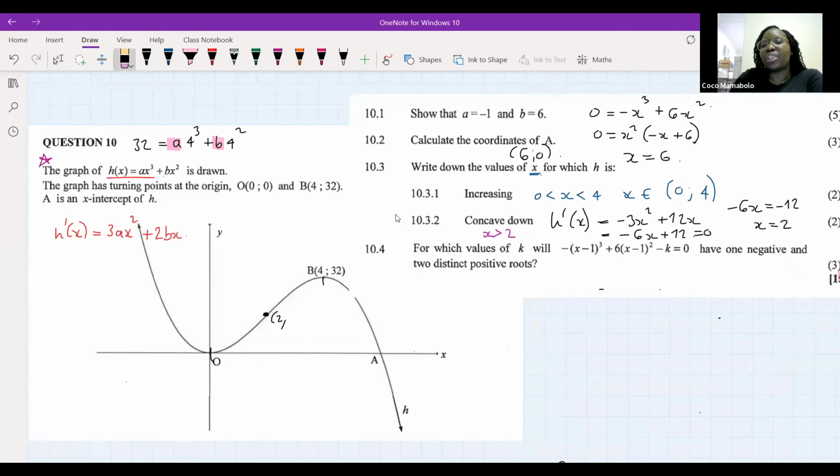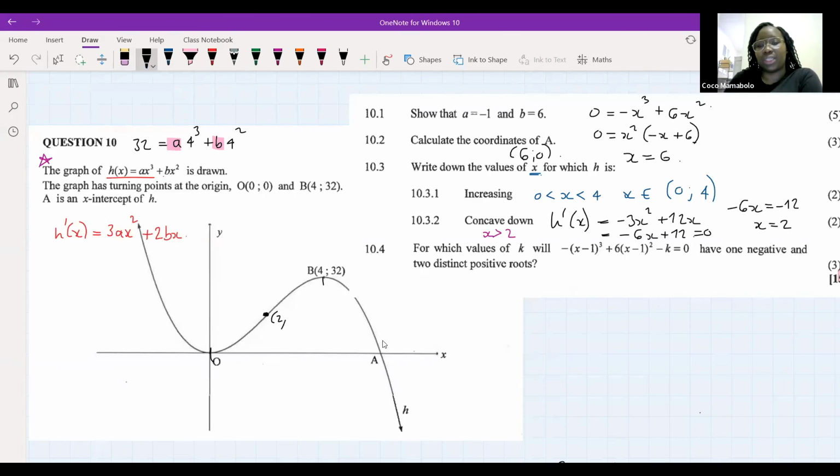It says, for which values of k will negative x minus 1 cubed plus 6x minus 1 squared minus k equal 0? Now, this question is going to be a little tricky, right? Because we need to look at what they've done.